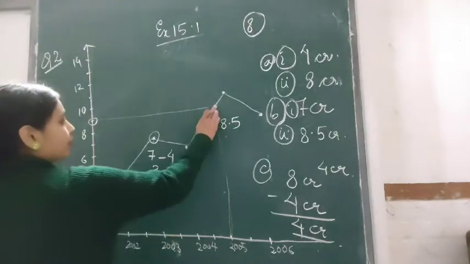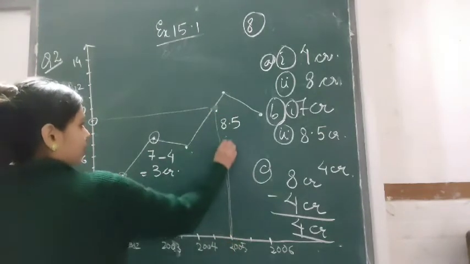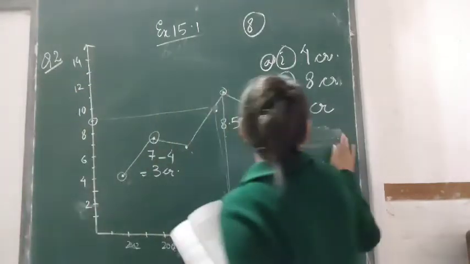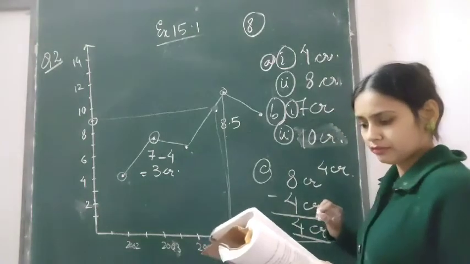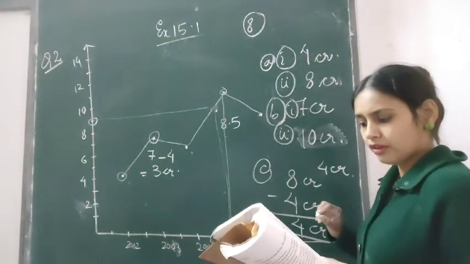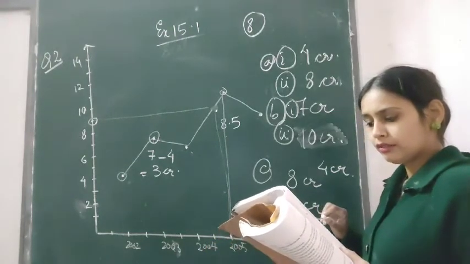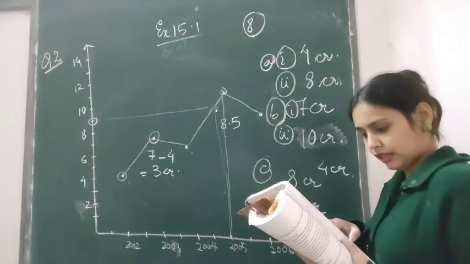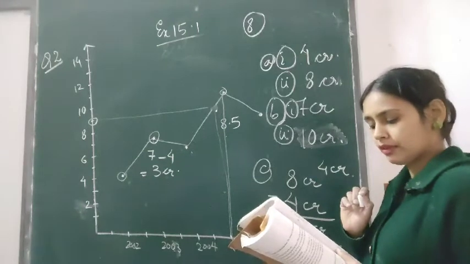Children, this is not 8.5. This should be 10 crores. No? Why have I written that? So here the answer should come 10 crores. What were the sales in 2005? It is 10 crores. Okay, and the rest is okay.